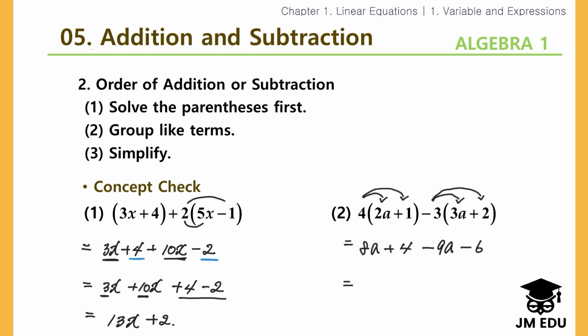So that's going to be equal to, we're going to group the a terms and constants separately. A terms here, constants here. So let's rewrite this expression: 8a minus 9a, and the constants plus 4 minus 6. So 8 minus 9, that's negative 1, so that's going to be negative a. 4 minus 6, that's going to be minus 2.